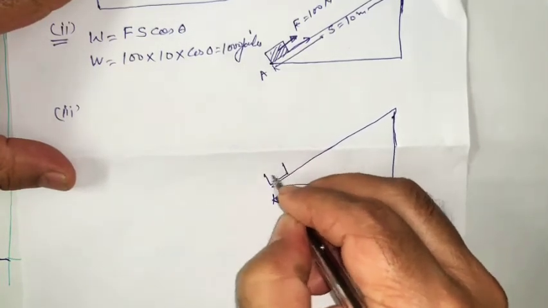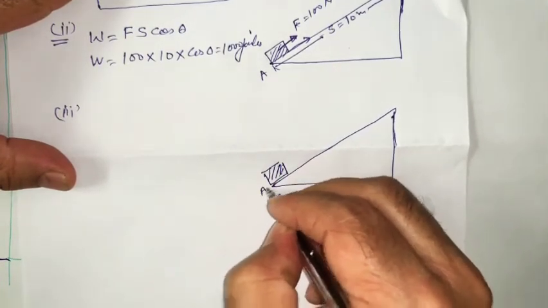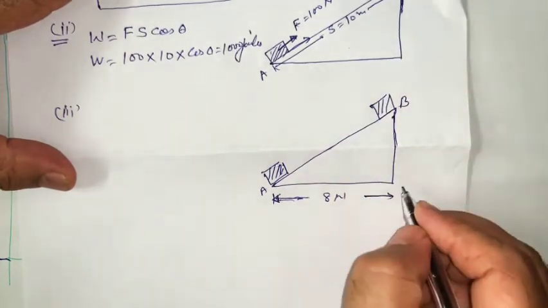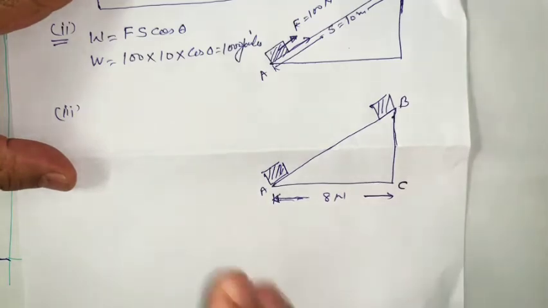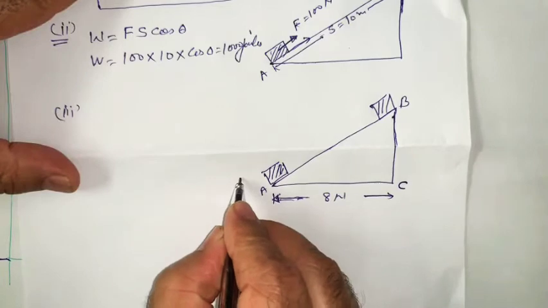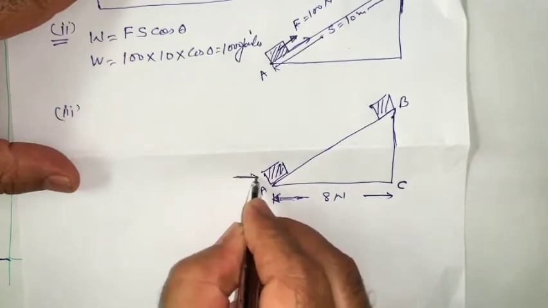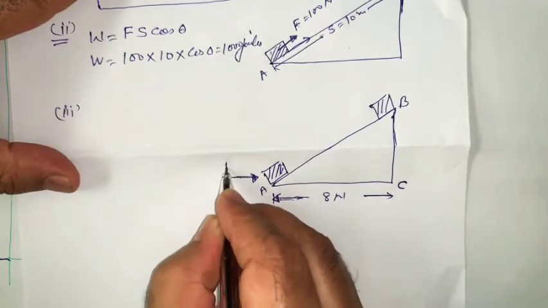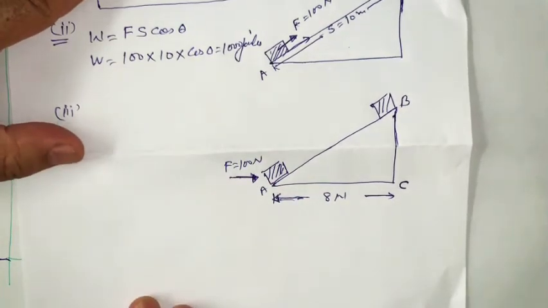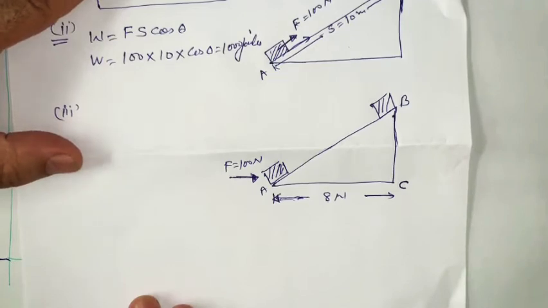Body is moving along this direction, A to B. This is a point C. Now in this figure, numeric, you may suppose force is acting along this direction. Force is along this direction. That is equal to 100 Newton. This is the first case.